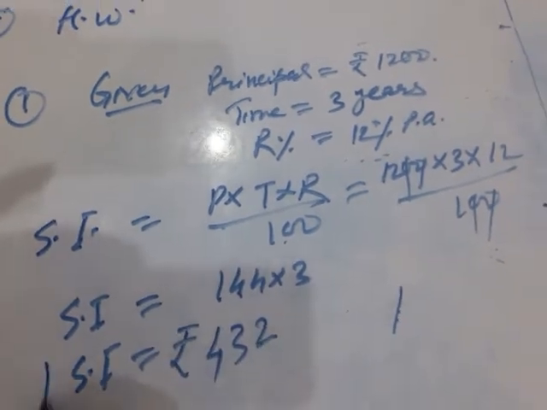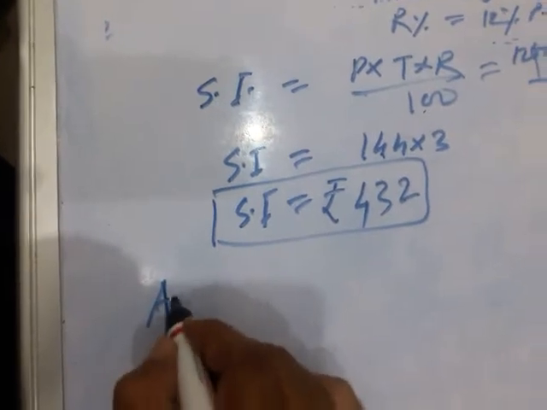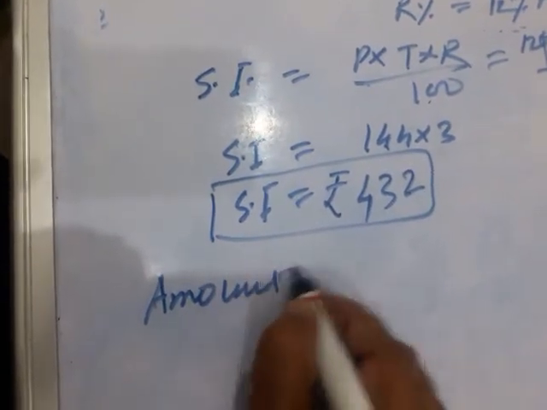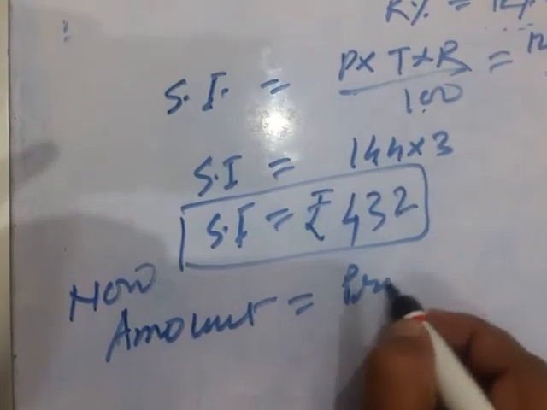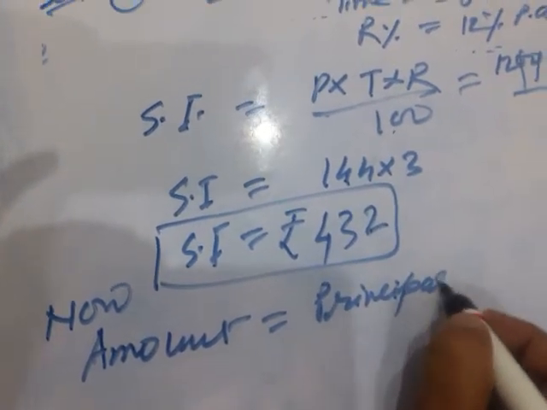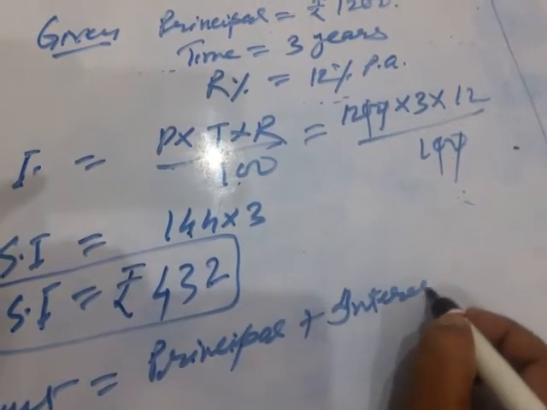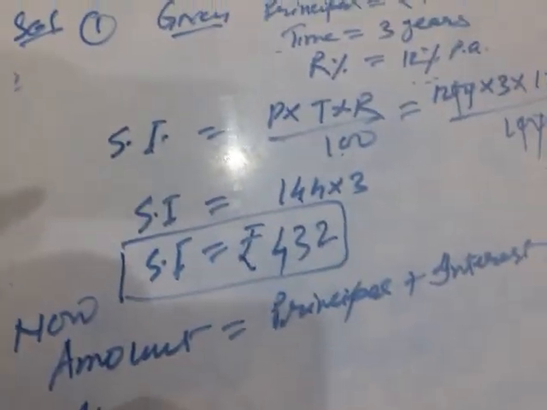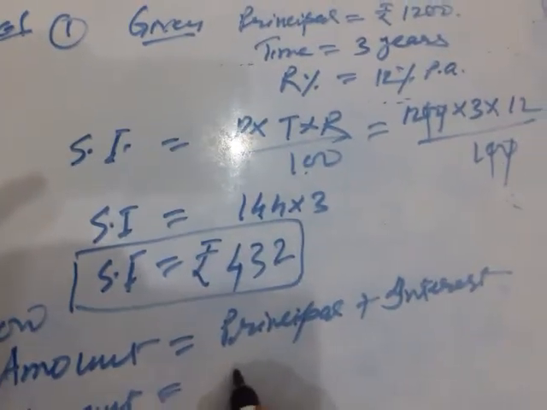That is the interest. Okay, children. Now what is the formula for amount? Amount equal to principal plus interest. Okay, children, now this implies that amount equal to what was the principal?